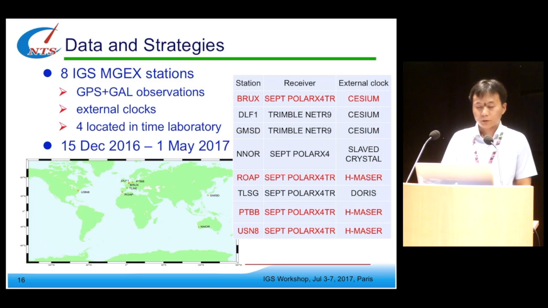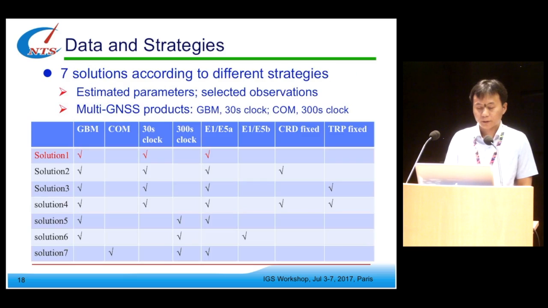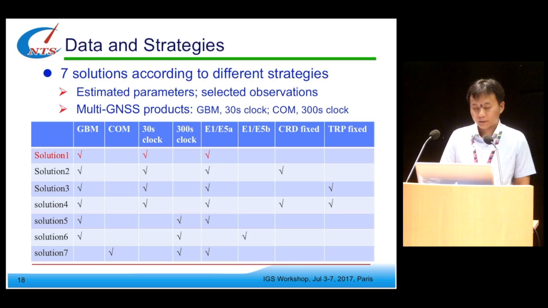This is the Galileo visibility and data quality at BRUX, and we can see that the Galileo has better geometry at European stations. 7 solutions were designed and carried out according to different strategies. The options include the estimated parameters, the selected observations, and the products used.